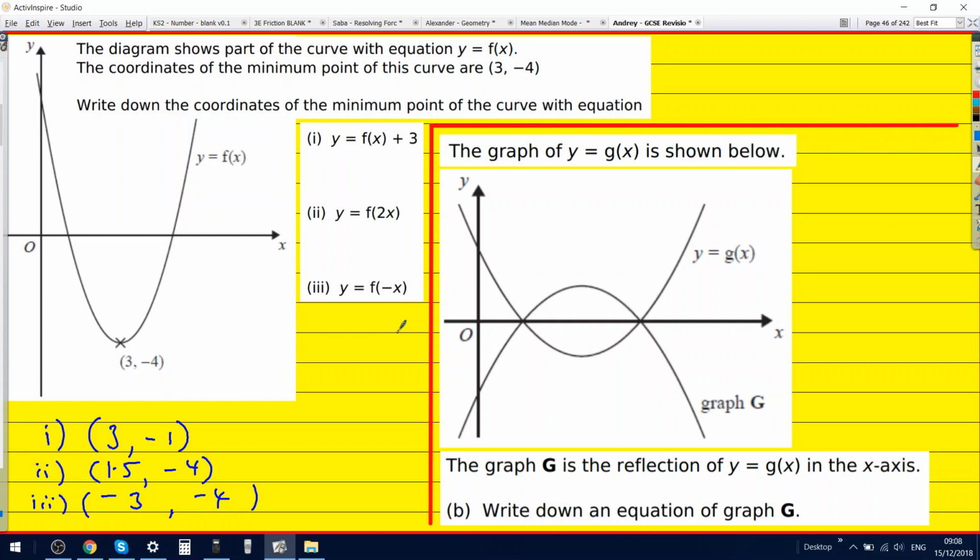So is that like y equals g minus x? That would be if it was a reflection in the y-axis, all the x coordinates would change from positive to negative. So it would be if it flipped the other way.